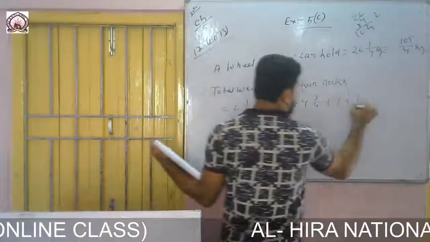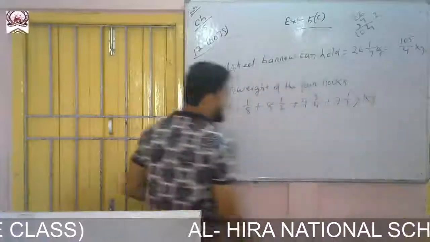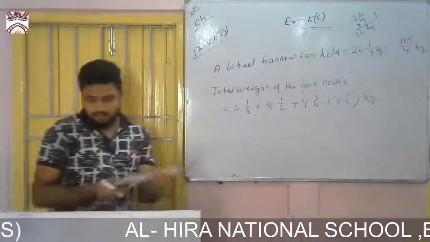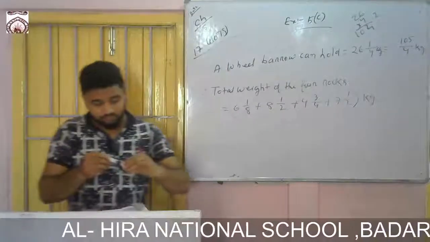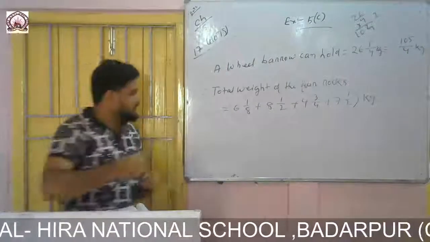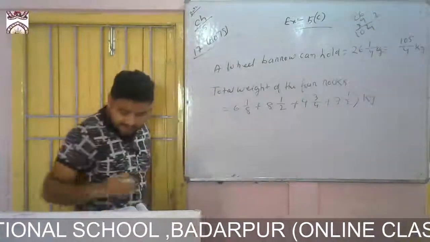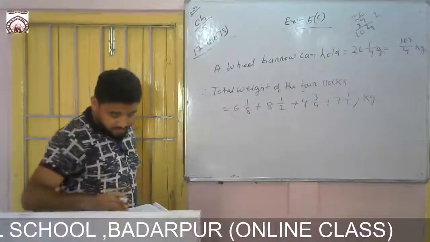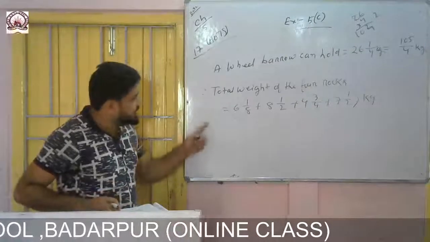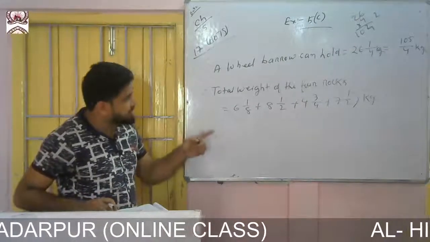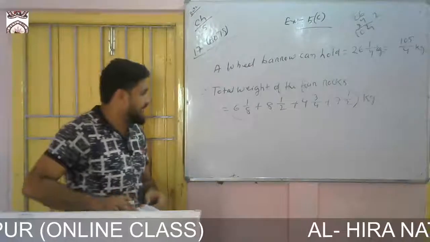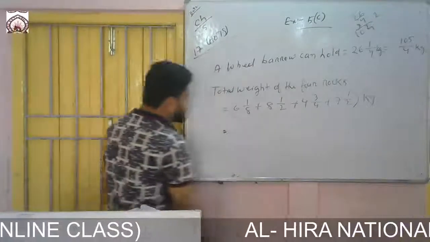All are kg. So 1, 2, 3, 4: 6 1/8, 8 1/2, 4 3/4, 7 1/2. Now add, as earlier.